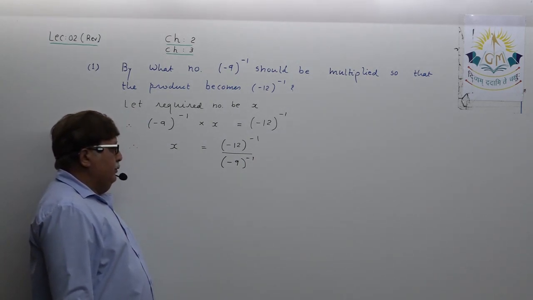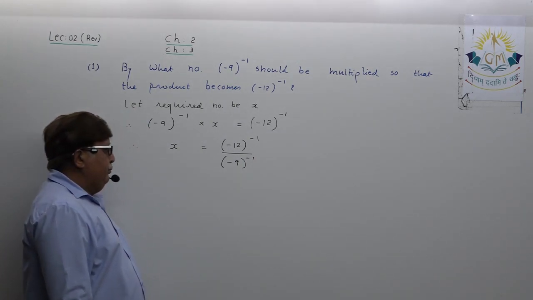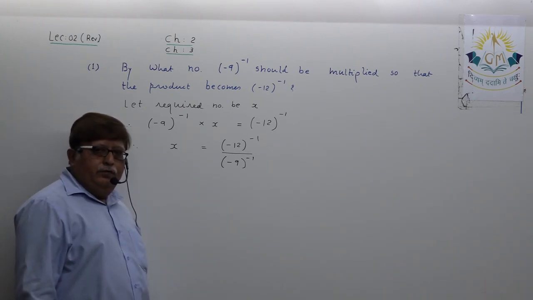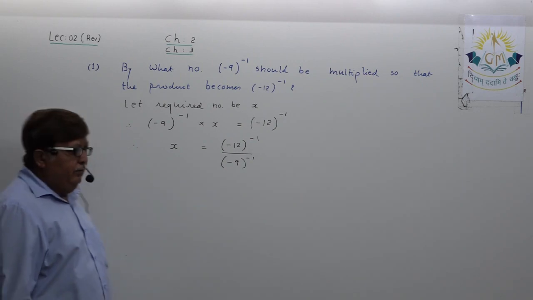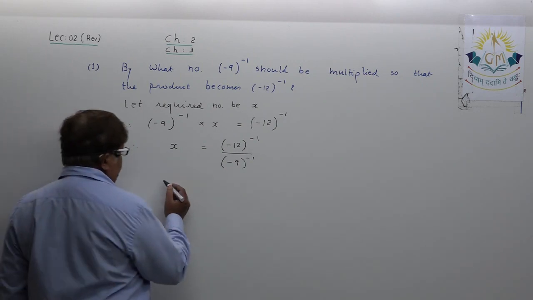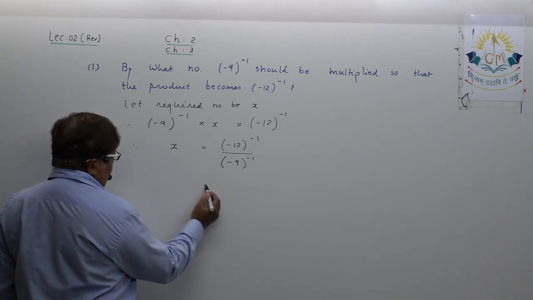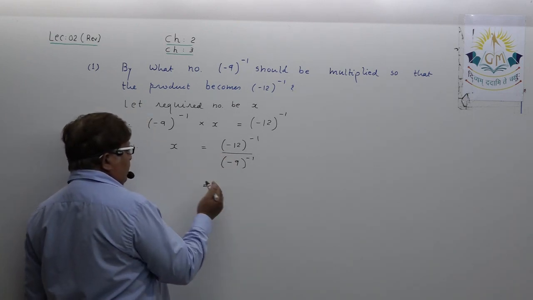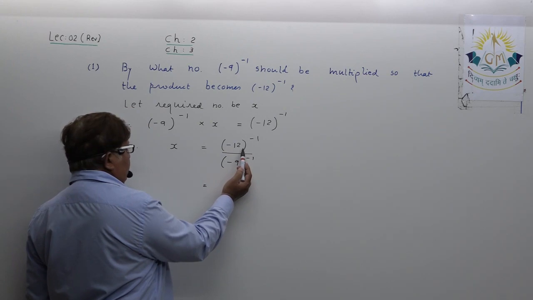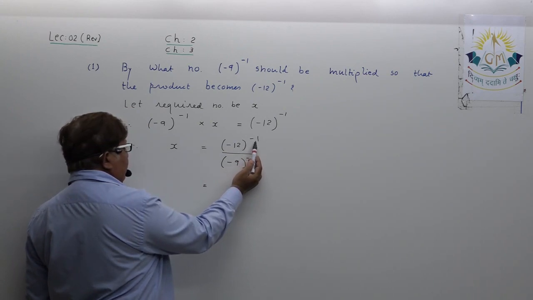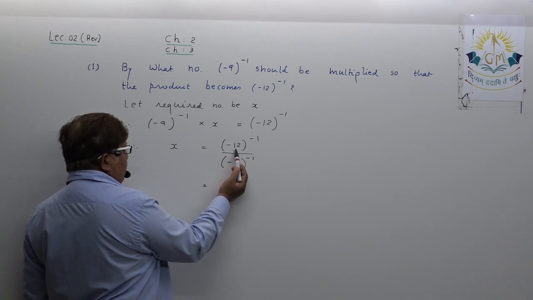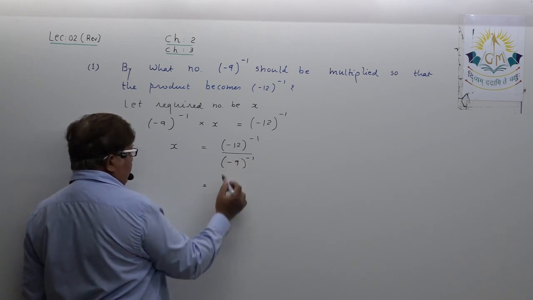Now the next step, it is simply the check of your basics. The next step, what we shall do is, because now it's a question of evaluating the term, let us make the power positive by reciprocalizing the base.